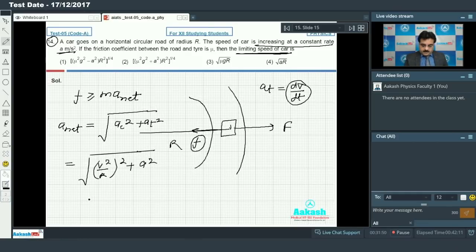So the value of net acceleration is v to the power 4 divided by r square plus a square. So this is the value of net acceleration.